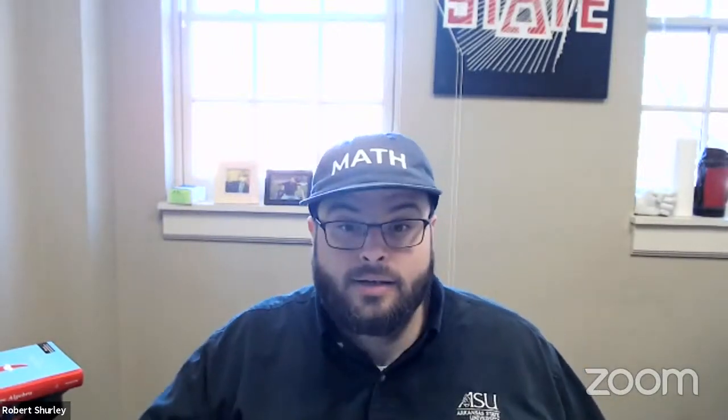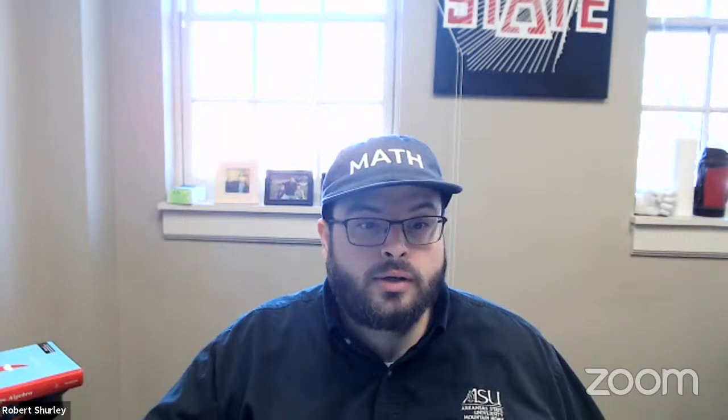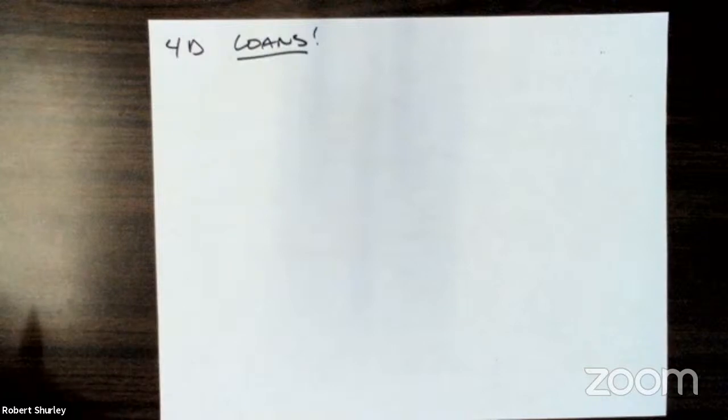Okay, let's do one of these by hand to show you how to pop it into your calculator. Let me switch over to the document camera. This is the formula on the very bottom of page 237. It's called the Loan Payment Formula for Installment Loans.